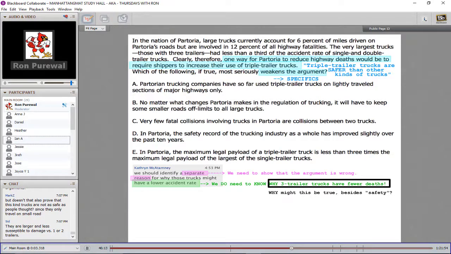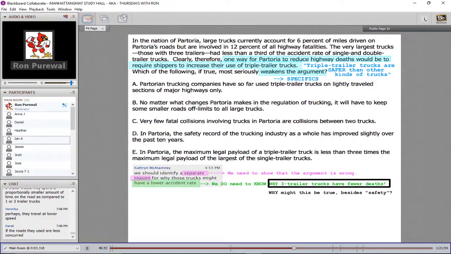If they're susceptible to damage, though, that's not really going to help, because they could still kill other people in a crash. And remember that highway fatalities are both people. Why would a lighter load have anything to do with people dying in a crash, though? Ah, okay, maybe they travel more slowly.